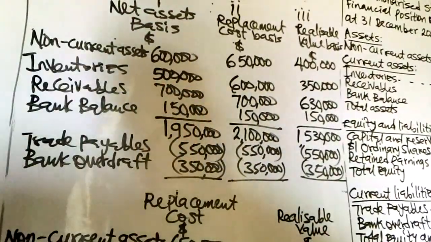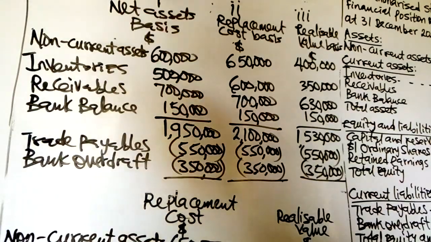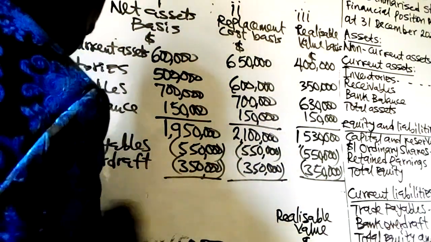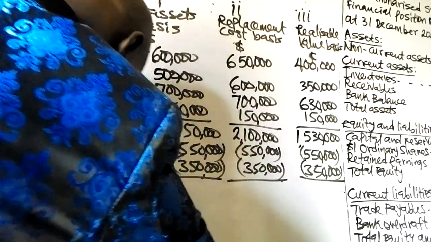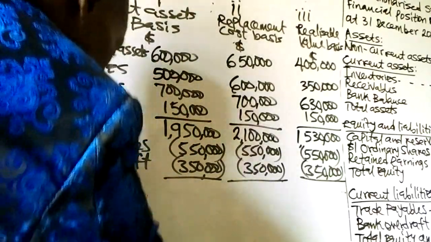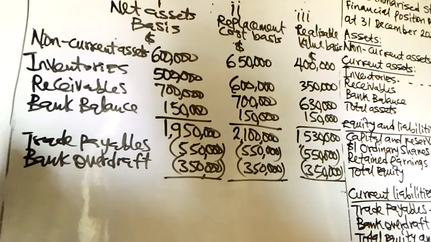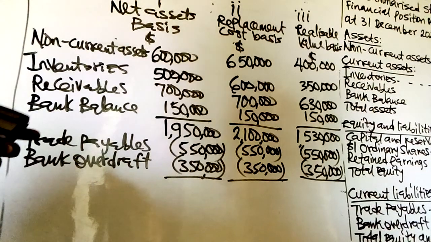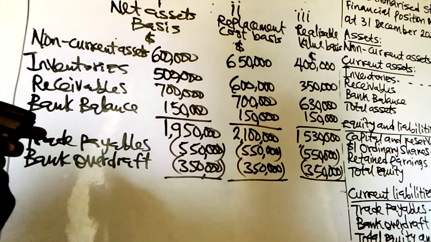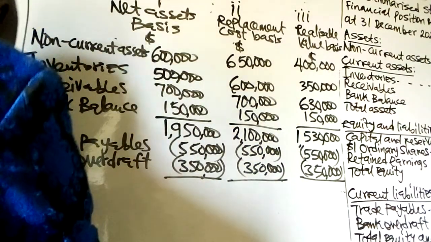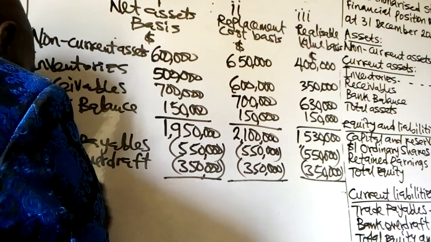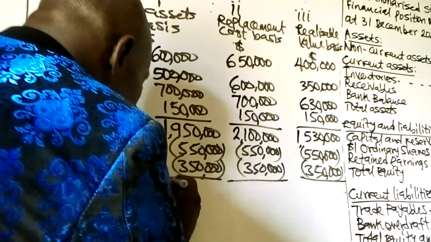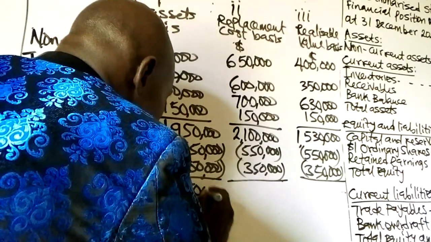When you less the liabilities from the total asset, then you have the value of equity. So let's subtract the liability from the total asset. This will be 1,050,000.